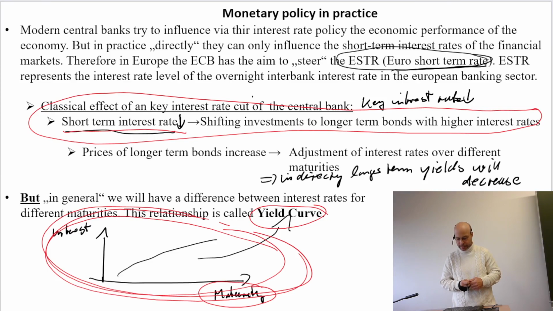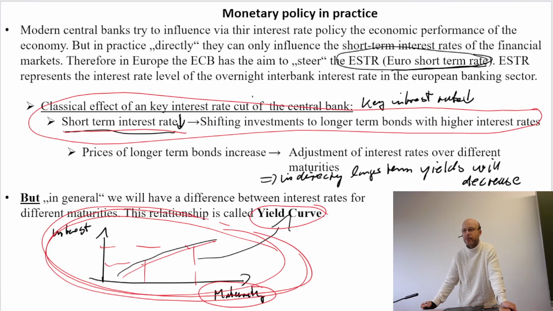But what we see is that in general, for longer maturities, we have higher interest rates. This we call a normal yield curve. But we see sometimes also the other way around, that short-term interest rates are higher than long-term interest rates.